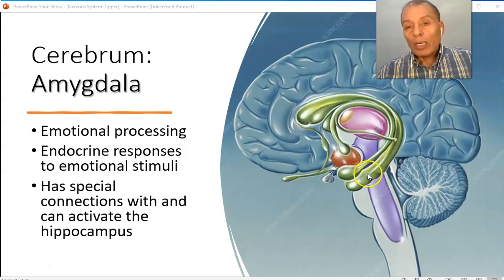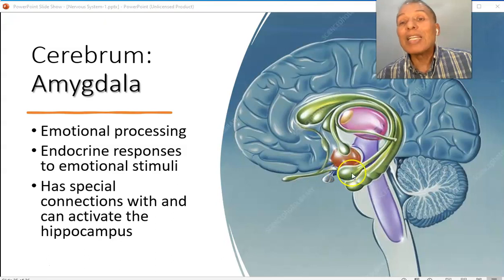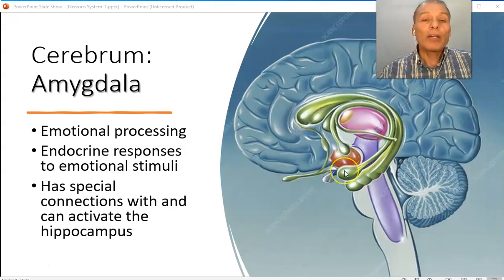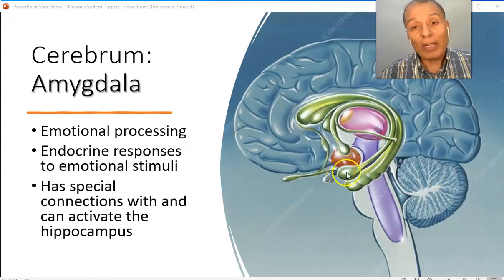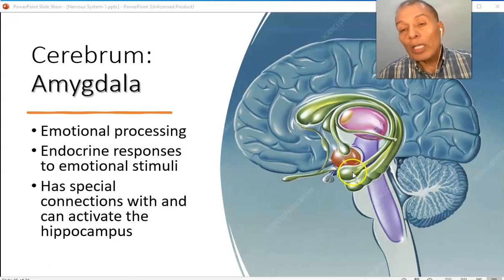The amygdala, that is here, as I mentioned, lying next to the hippocampus. The amygdala has a special way of activating the hippocampus immediately. If there is an event or something going on that has emotional significance, whenever the amygdala is activated, the hippocampus is activated.